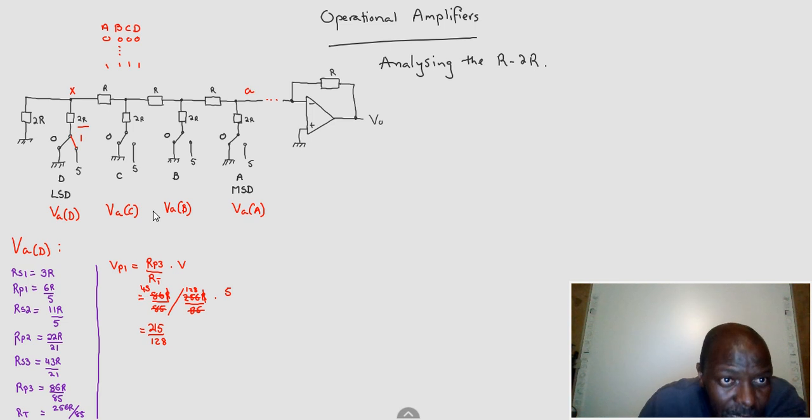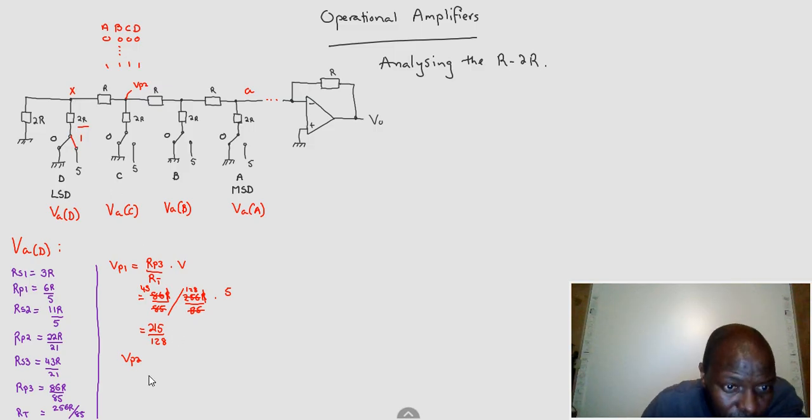Once we've got that voltage, we need the voltage here. The voltage here is based on R parallel 2 and R series 3. So V parallel 2, because this is also a parallel point. We call the voltage at X V parallel 1.